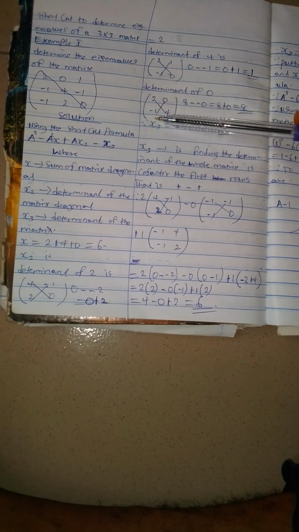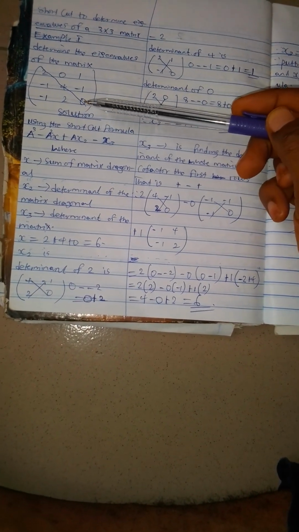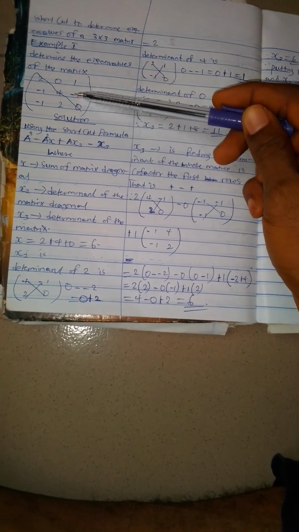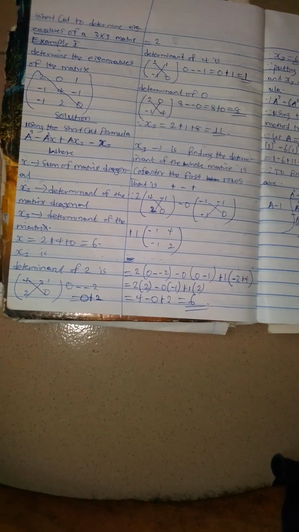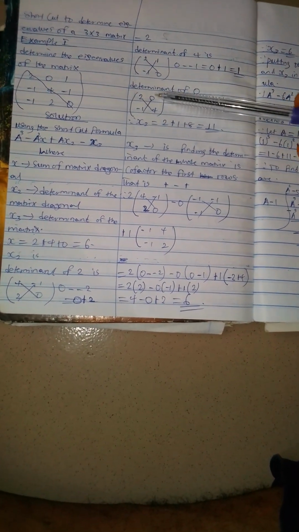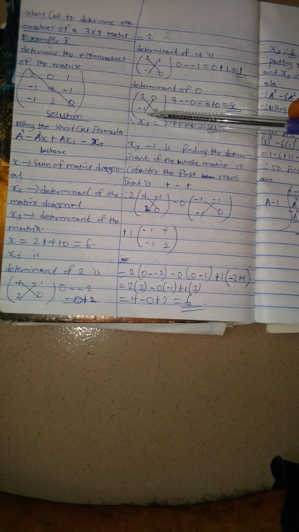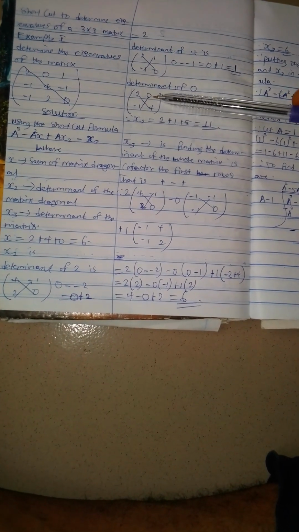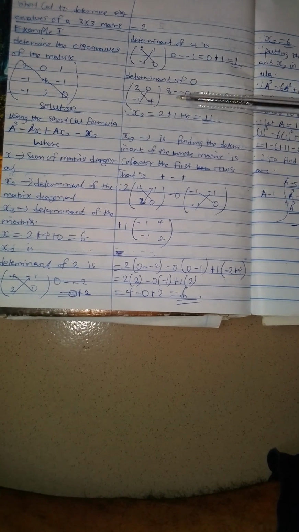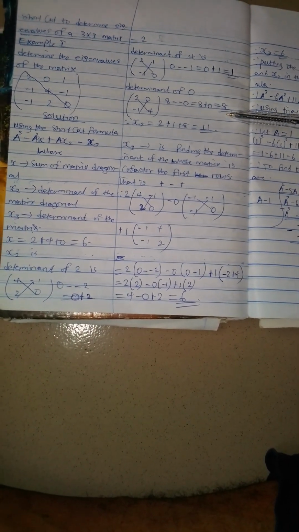Now the next one is to determine the minor for 0. The whole row and column is out, that becomes 2, 0, -1, 4. Cross multiplying this, 2 times 4 is 8, minus -1 times 0 is minus 0, which is 8 minus 0, which is 8.